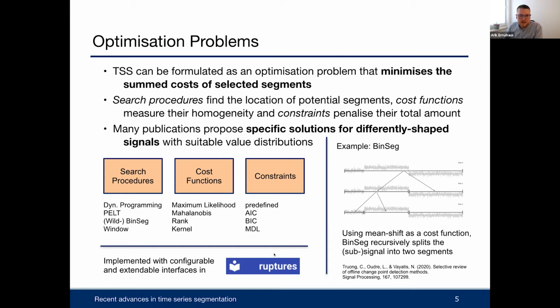This entire catalog of principles is implemented in a very nice Python library called ruptures. There they have extendable and configurable interfaces with which you can combine all of these principles to come up with a search procedure, a cost function, and a set of constraints to apply this sort of segmentation.